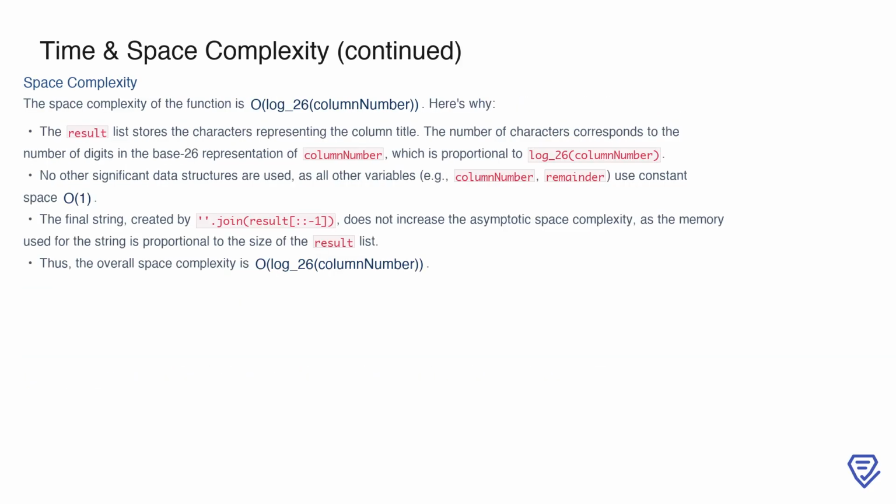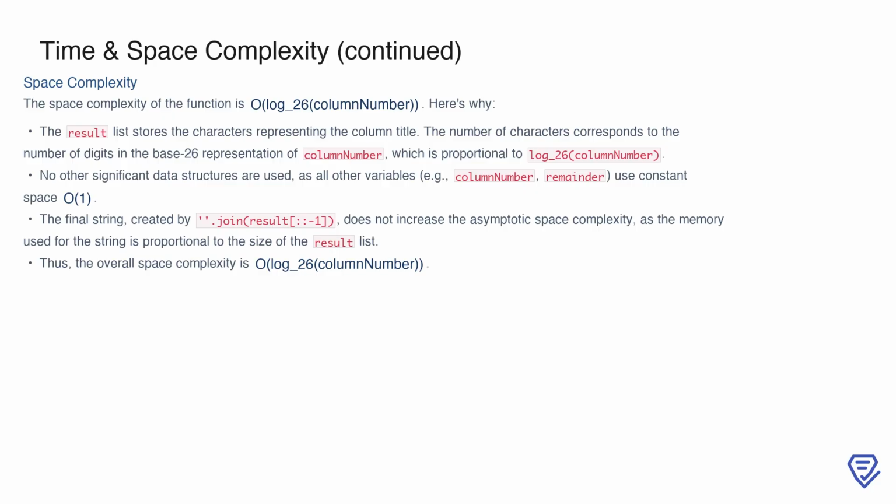The space complexity of the function is also log_26, column number. This is because the result list stores the characters of the column title, and the number of characters corresponds to the number of digits in the base 26 representation of column number. Like with time complexity, this number of digits is proportional to log_26, column number.